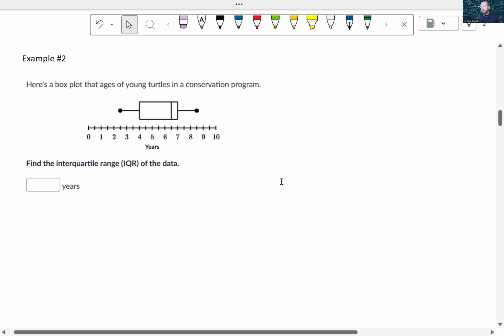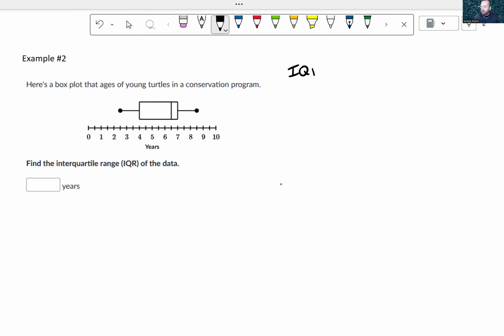The next one says find the interquartile range of the data. And we calculated this in our last lesson as well. Just as a quick reminder, the interquartile range is quartile 3 minus quartile 1, or Q3 minus Q1. And this tells us the spread of the middle 50% of the data.